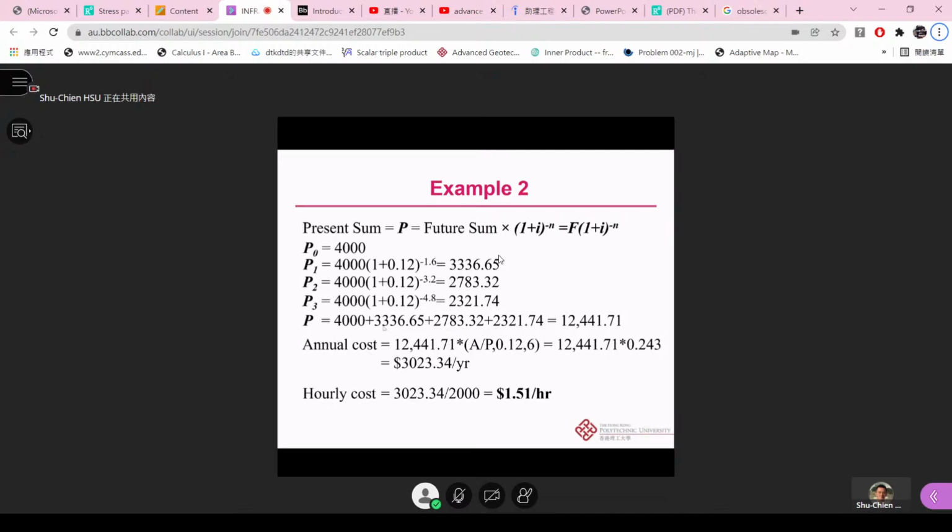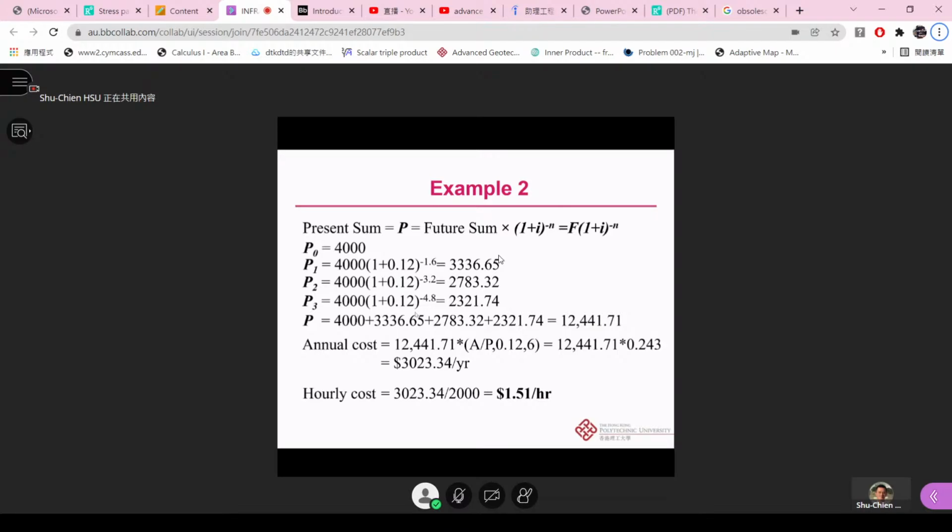So we will have P0 equal to 4,000, P1 equal to 3,336.65, P2 equal to 2,708.3, and P3 equal to 2,321.